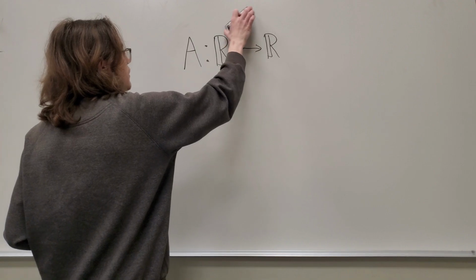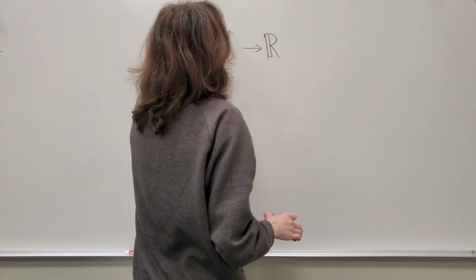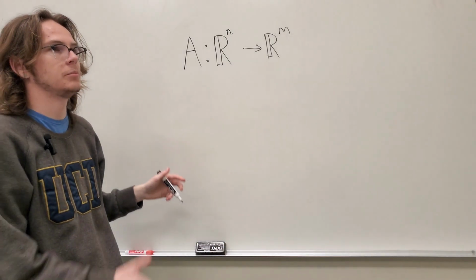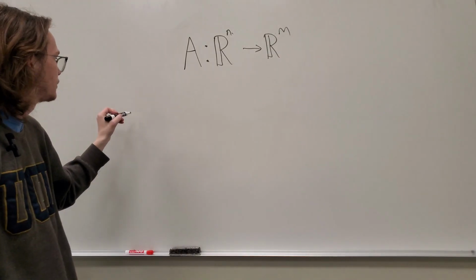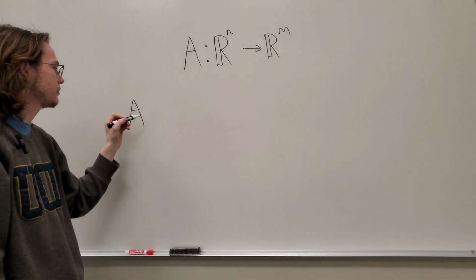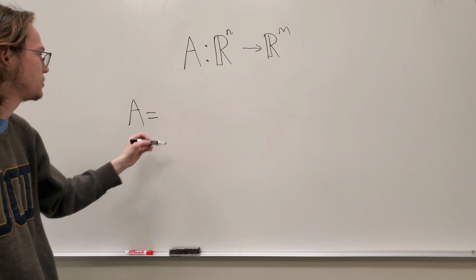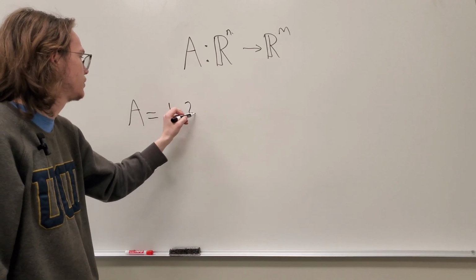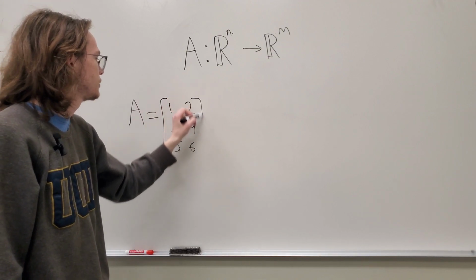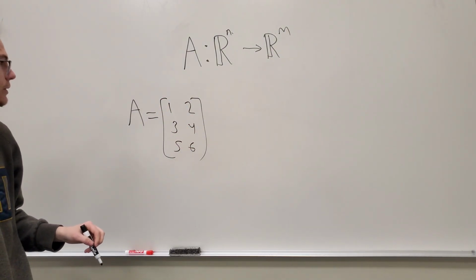But this notation, Rn to Rm, is more common when you have a matrix multiplied by a vector. So let's say that we have a matrix A, so again, our vector function is A, and let's just call the matrix 1, 2, 3, 4, 5, 6.